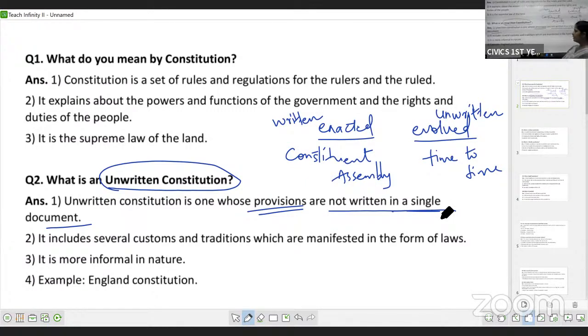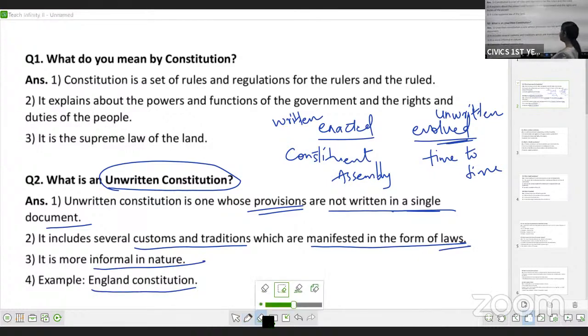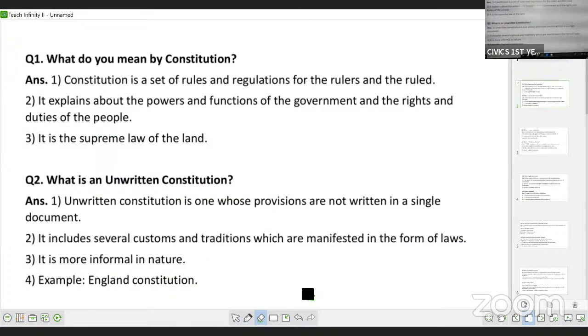It includes several customs and traditions which are manifested in the form of laws. Evolved constitution is prepared from time to time on the basis of customs and traditions, and they become laws. It is informal in nature. Example, the Constitution of England is the example of an unwritten constitution.